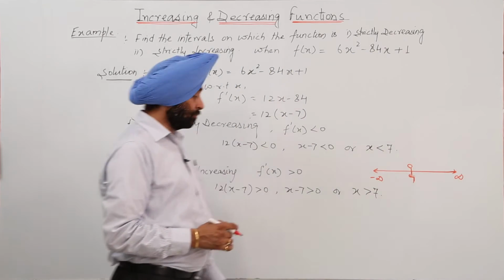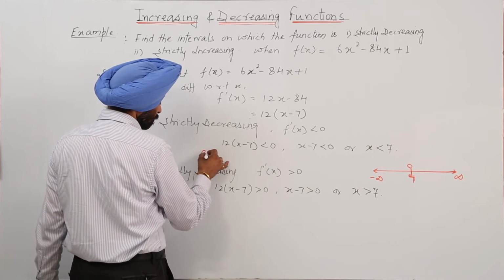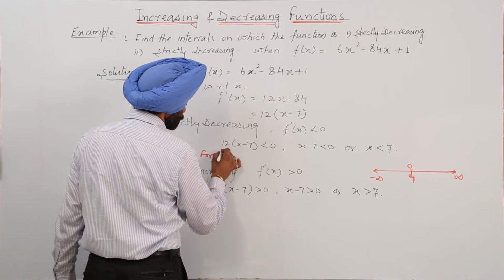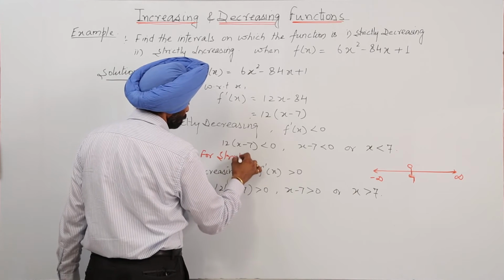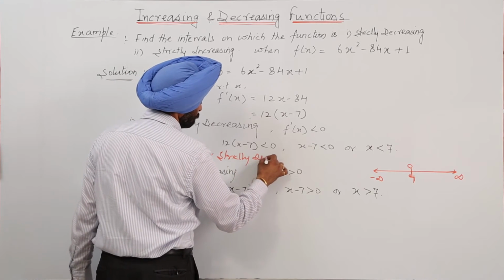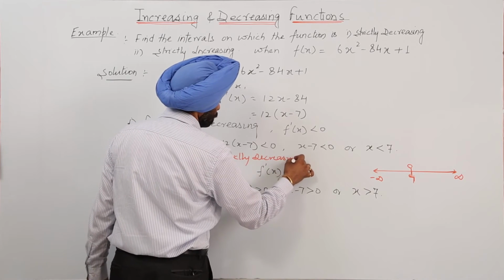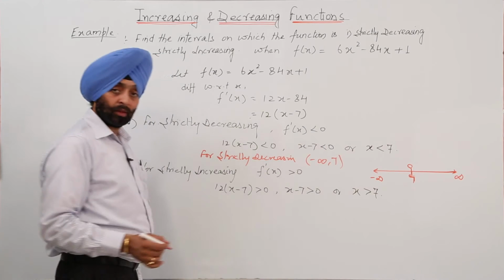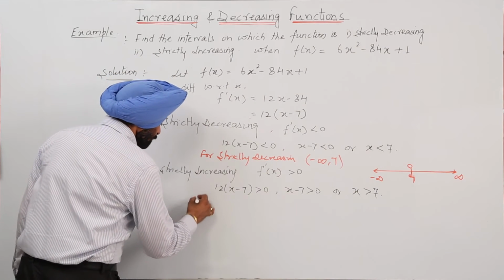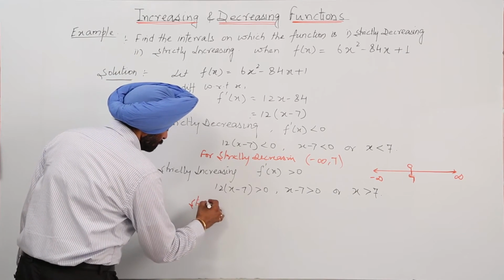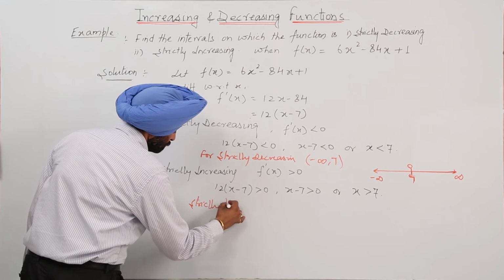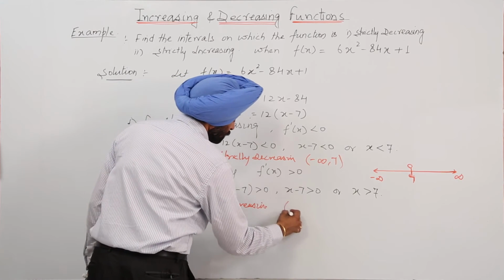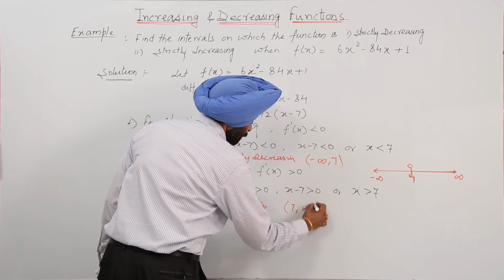So, for strictly decreasing, what are the intervals? Minus infinity to 7. Strictly increasing now, the intervals are 7 to infinity.